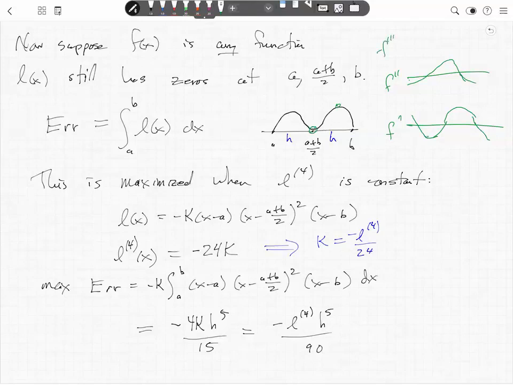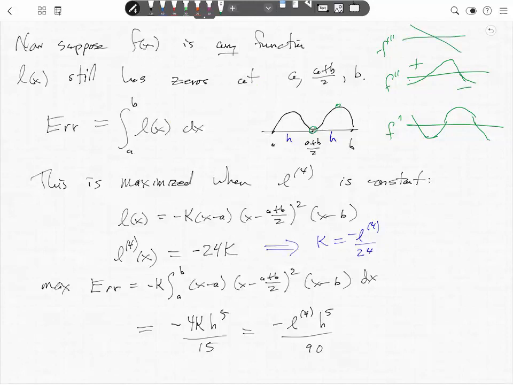The third derivative is going to look like this. It's increasing, it crosses 0, and then the slope is positive, and then it becomes negative. Oh, I got that backwards. Let me try that again. The third derivative is positive over here and negative over here, so it looks like that.